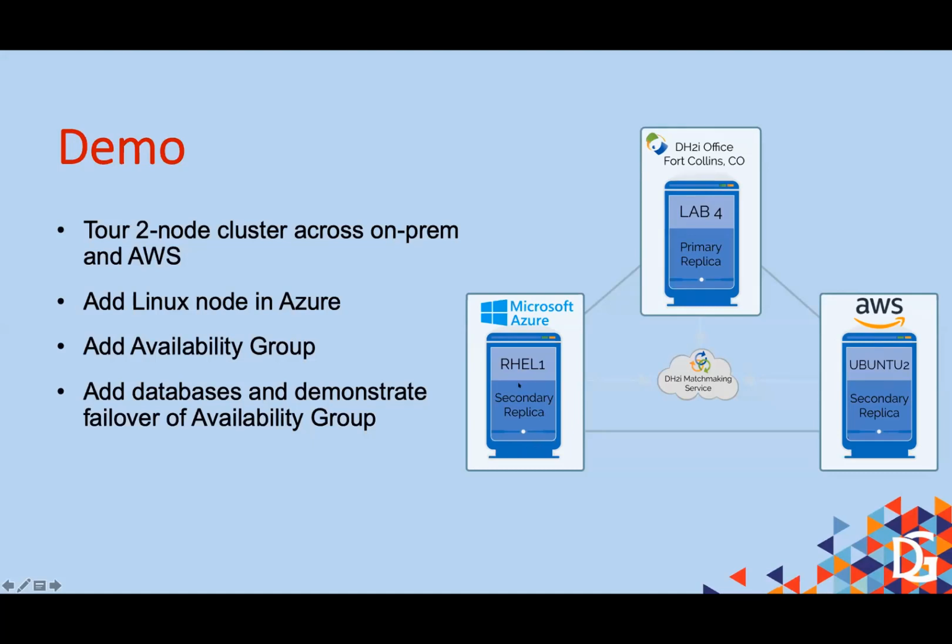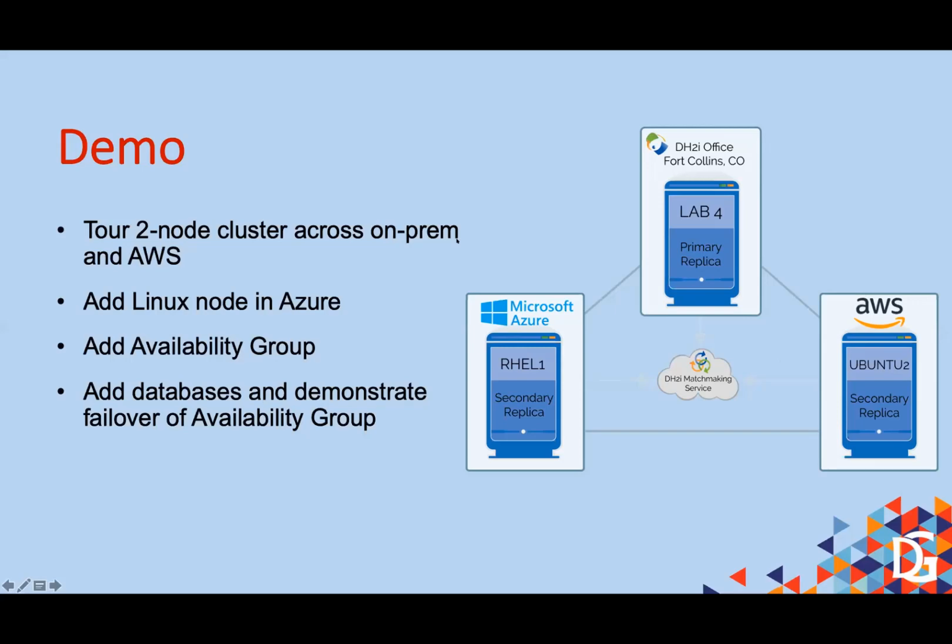It happens to be running Red Hat Linux. So it's going to be a mixed cluster in the sense that the on-premises location will be running Windows Server, and then we've got Ubuntu, a different distribution of Linux, in AWS. And then, of course, our Red Hat node in Azure. We'll then show adding an availability group to the cluster that we've created. And then we'll add some databases to that AG and show the process of failing it over.